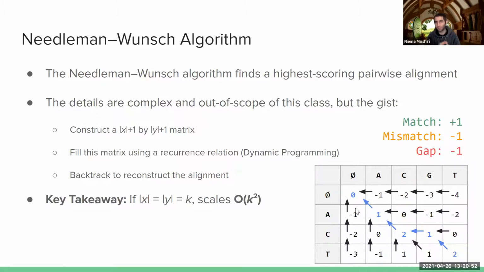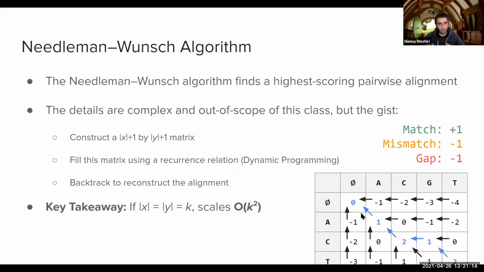Versus if my sequences are length 1,000, my dimensions of my matrix are now 1,000 by 1,000. So I have to fill in a matrix that's roughly 1,000 squared. So the key takeaway is if I double the input size, so if I double the length of my sequences, I quadruple the amount of time it takes to fill out this matrix.